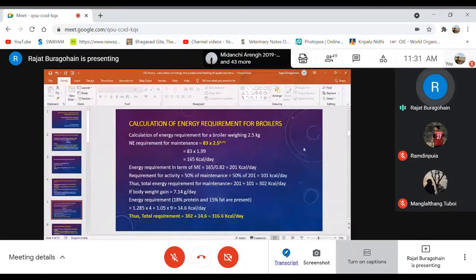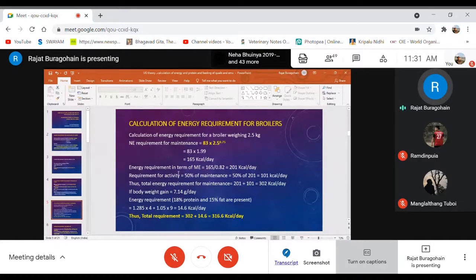In case of broiler, we have to calculate the requirement for maintenance plus for growth. These two requirements will be there. Maintenance, growth, and of course activity. Activity requirement will also be there. Maintenance requirement, activity requirement, and requirement for growth.